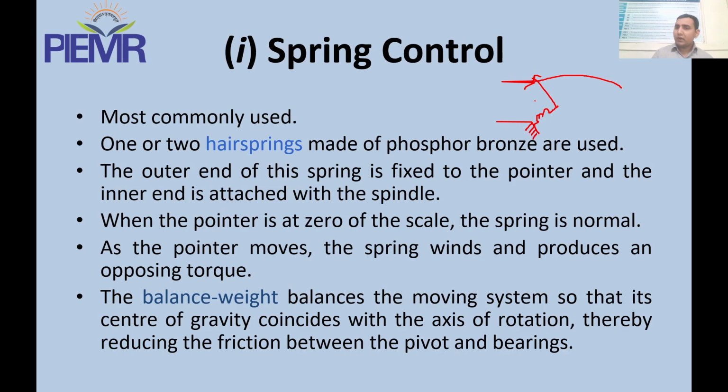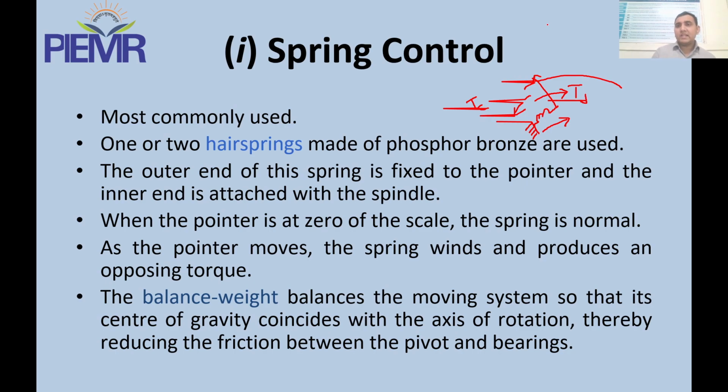Whenever the pointer moves due to the deflection torque TD, due to different functional principles, the pointer moves to some position and the spring also expands in that direction. Whenever the spring is deflected due to the deflection torque, an opposing force, or controlling force, is provided in opposition to this, that is called the TC force. This force is always equal and opposite to the deflection force.